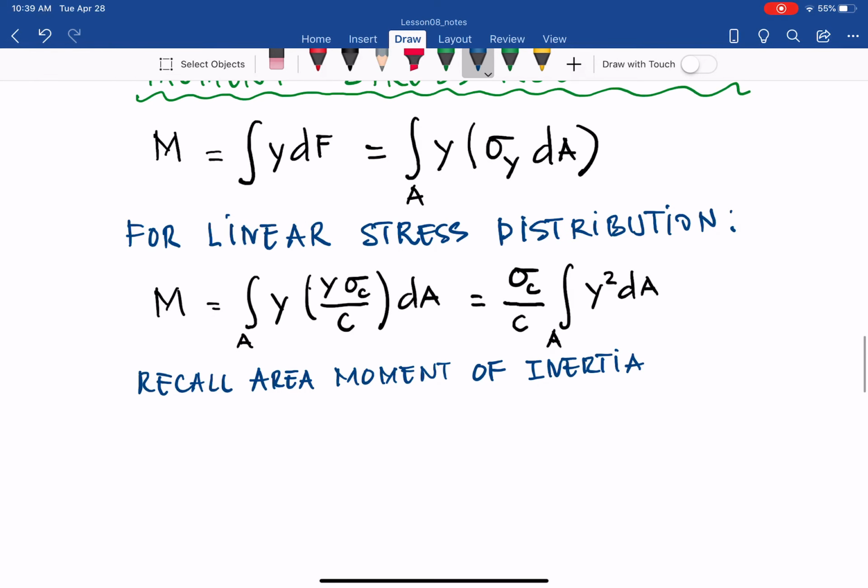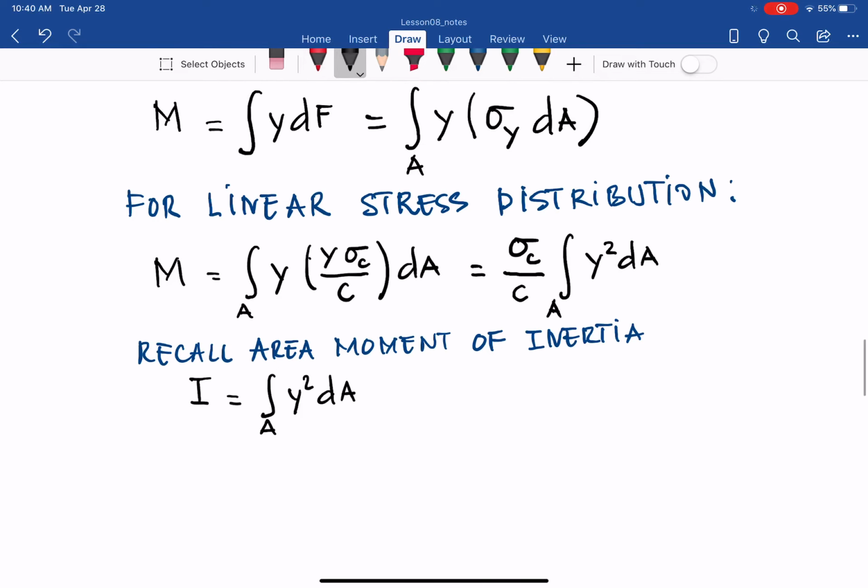So here we have I, which stands for the area moment of inertia. J stands for the polar moment of inertia. Basically, we already learned that I is the integral of y squared dA. So from that, for example, for a rectangle, we have the parallel dimension to the power 1, the perpendicular dimension to the power 3, divided by 12, if you recall that in the appendix.